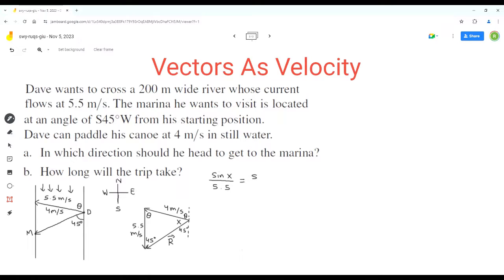and sine 45 degrees over the length of the side opposite to angle 45 degrees, which is equal to the magnitude of Dave's paddling in still water. Now we can solve for x, so we can cross multiply 5.5.